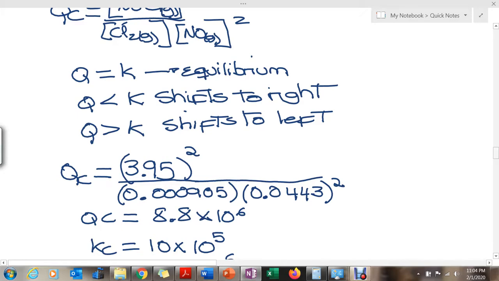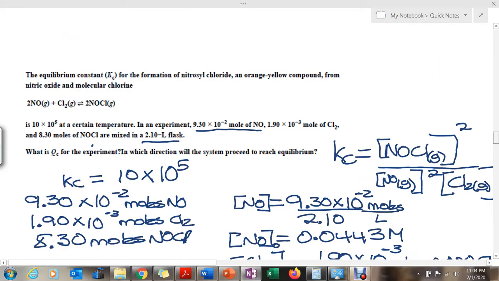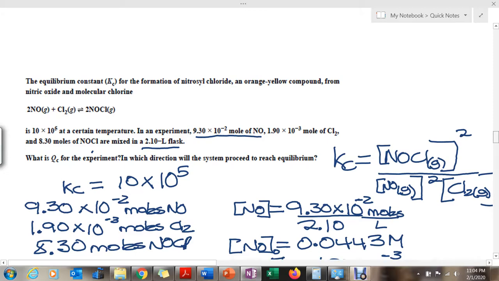So now that we know that, maybe we can do an ICE table. But I know what is going to happen. We're going to have to do a quadratic equation. But anyway, I'm just going to draw the ICE table.